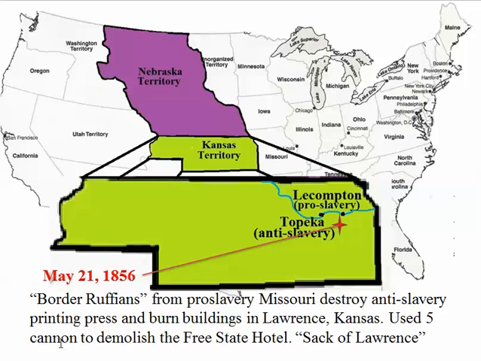They used 5 cannons to demolish the Free State Hotel. So they line them up, set them off, boom, cannon balls just rip through the hotel, and this event becomes known as the Sack of Lawrence.